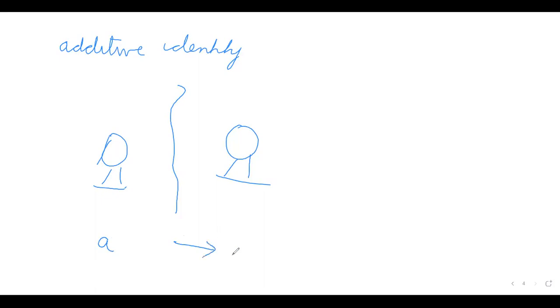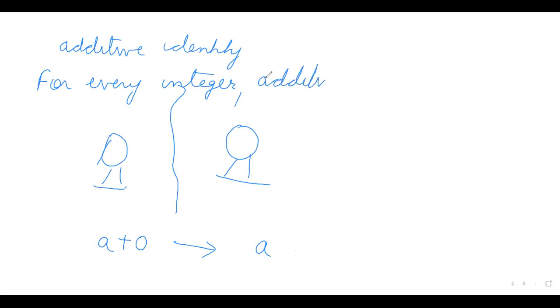What should I add to a so that I get a itself? So the additive identity of every integer is 0. Understood? Yes, ma'am. Okay, so this is about additive identity, that is always 0 for every integer.